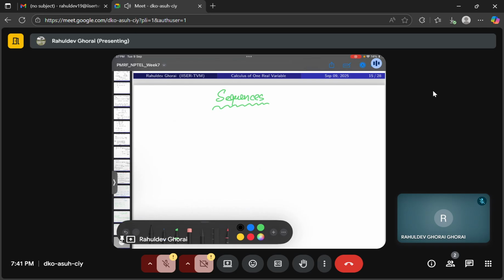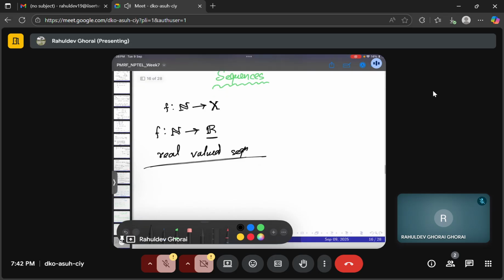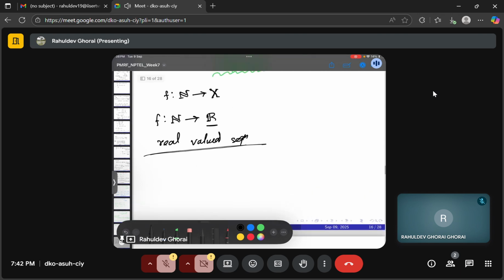Sequence of some other valued function, if it's of the form f from N to any X, that will be an X valued sequence. So in this course it will be R, the set of real numbers. So real valued sequence. And when we say sequence in this course, we mean a real valued sequence.